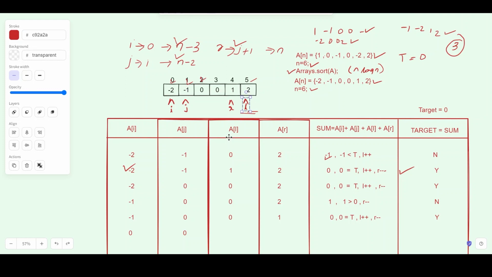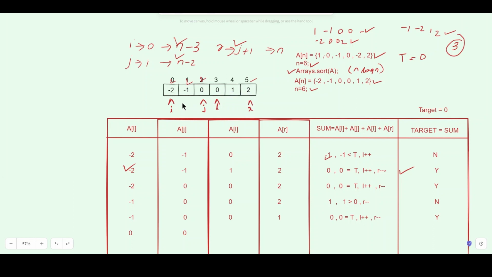Exactly, exit the loop and go to the next iteration. In the next iteration, the J loop iterates once more and J becomes 2. Then we are resetting the L and R pointers. Now we are adding the elements of the quadruple.